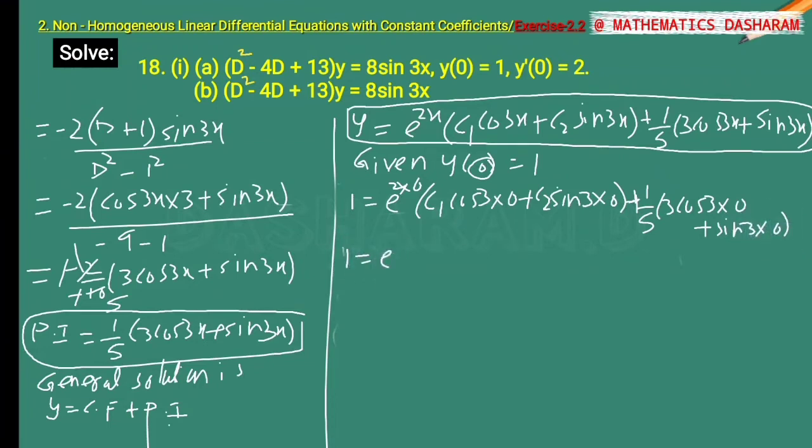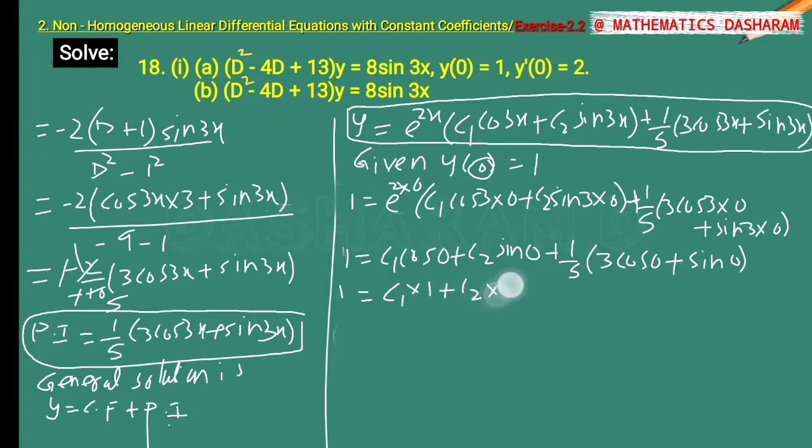So 1 equals e to the power of 2 into 0 is 0, e to the power of 0 is 1, c1 into cos 0, c2 into sin 0, plus 1 by 5, 3 into cos 0 plus sin 0. 1 equals c1 into cos 0 is 1, plus c2 into sin 0 is 0, plus 1 by 5 into 3 into cos 0 is 1, sin 0 is 0. 1 equals c1 plus 1 by 5 into 3.